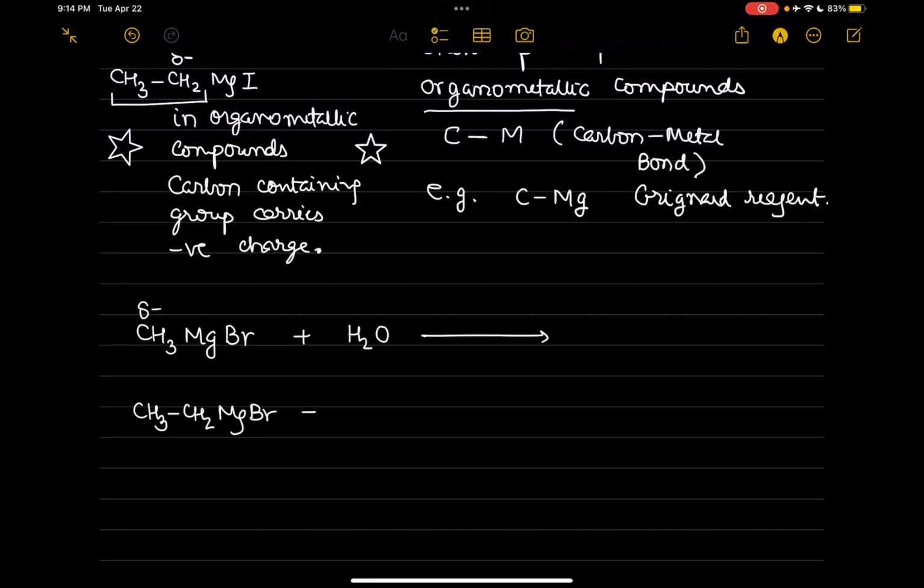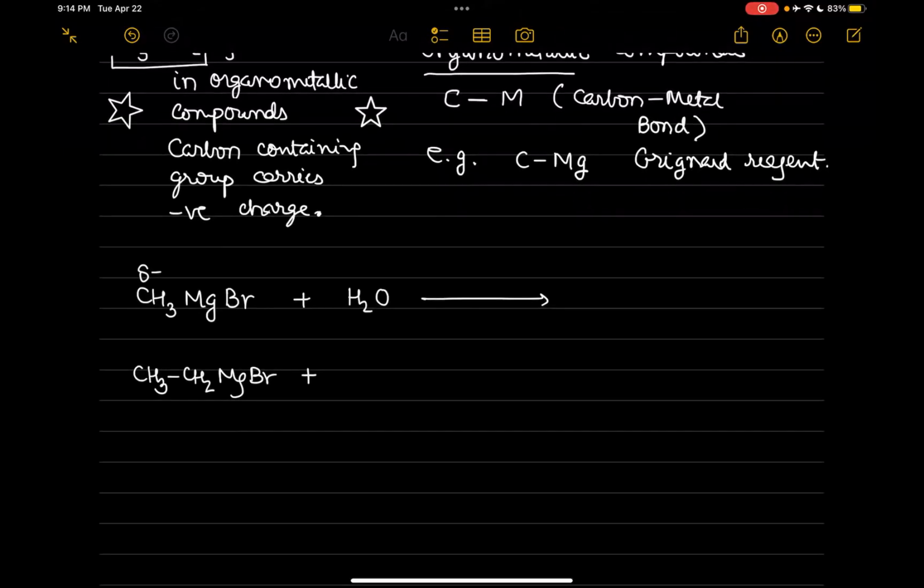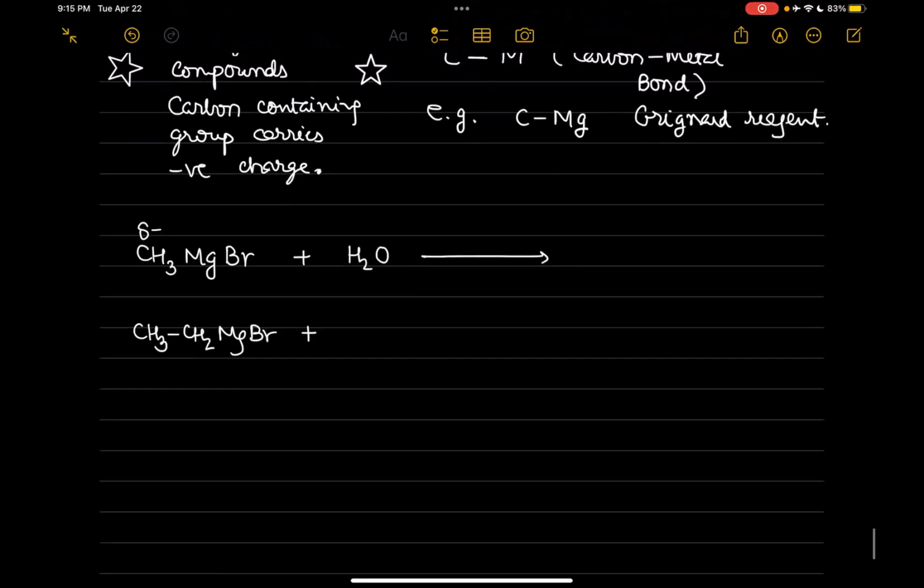Any idea? Tell me quickly. What will happen if the CH3MgBr is treated with water? So let me tell you the whole funda of organic chemistry, which is very simple.